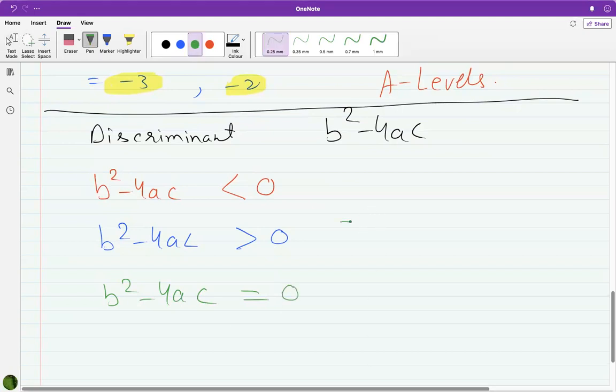So what actually happens is minus b plus minus square root b square minus 4ac over 2a. So it depends. When b square minus 4ac is less than 0, the values are not real.